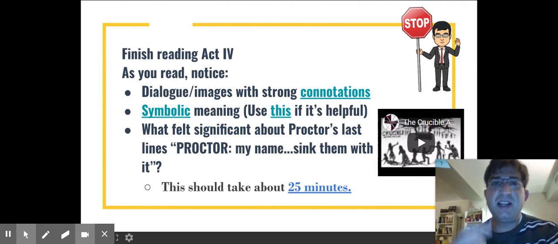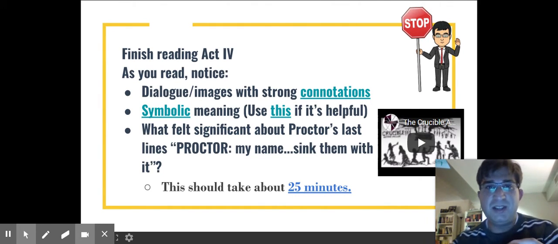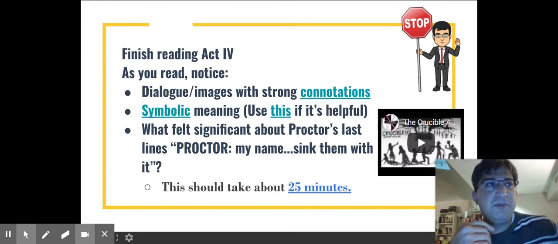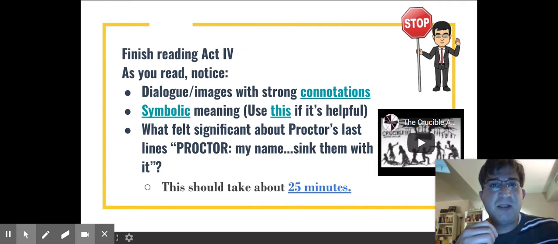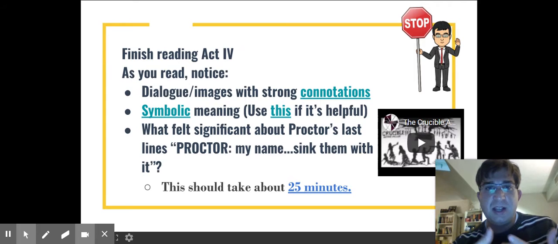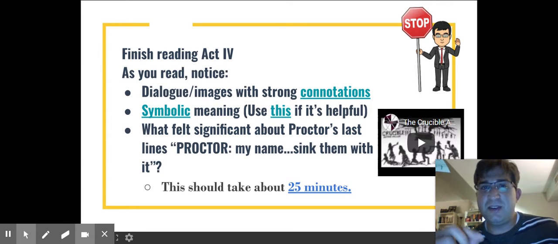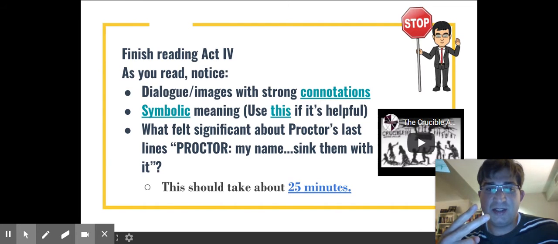Just like Abigail's name was soiled, just like Elizabeth's name was, or just as Proctor's name was synonymous with honesty and being reliable, just like Goody Nurse's name was synonymous with being the brick and mortar of the church, just like Paris's name was synonymous in the upright villagers' minds with greed. Names have come up a lot. So notice what Proctor says and does with his, because that might represent what we say and do with our reputation.